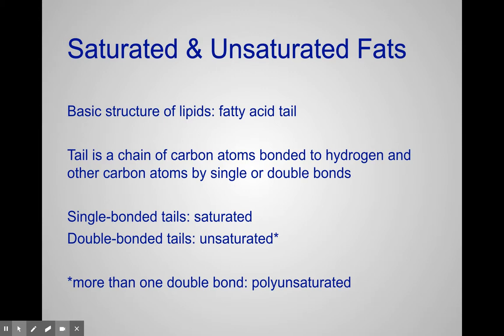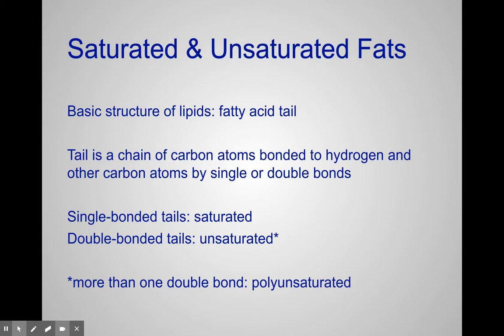A single bonded tail is saturated, and a double bonded tail is unsaturated. If there's more than one double bond, that's called polyunsaturated, because poly means many.